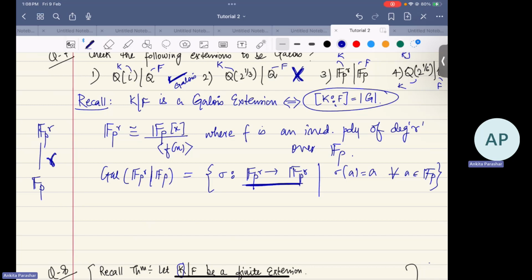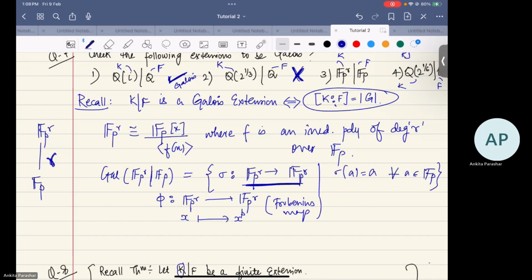Let's look at some map phi from F_{p^r}, sending element x to x^p. I think this has come up in the lecture. This is the Frobenius map. What can you say about this map? Is it a field homomorphism?